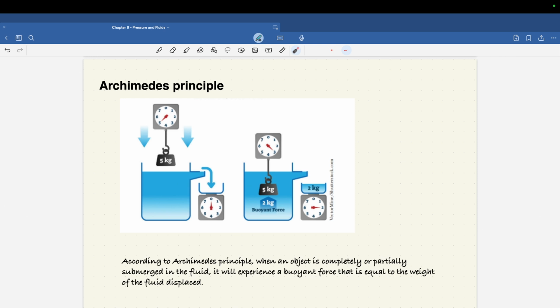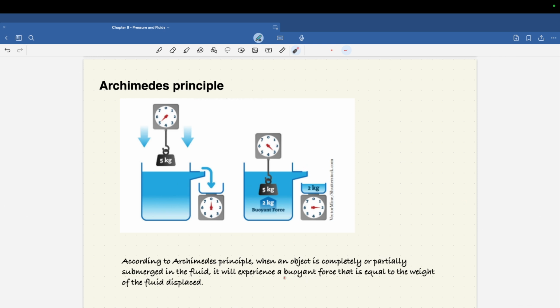The best example would be if you had a rock underwater. It would be much easier to lift it while it's underwater, but as soon as it comes out of water, you're going to feel its weight. That means when it's underwater, the liquid is helping us by pushing back up. So that force is called the buoyant force.